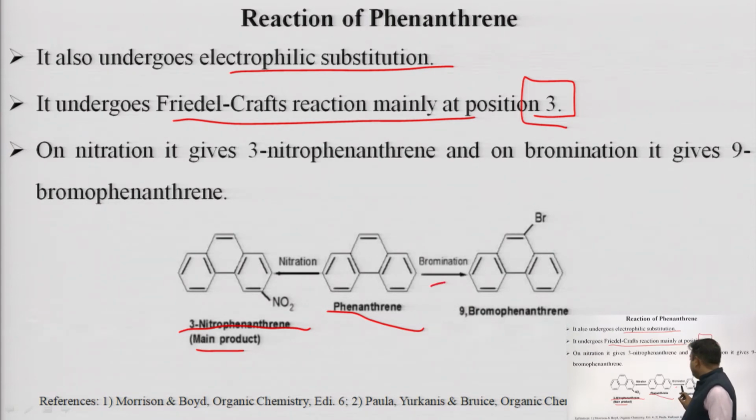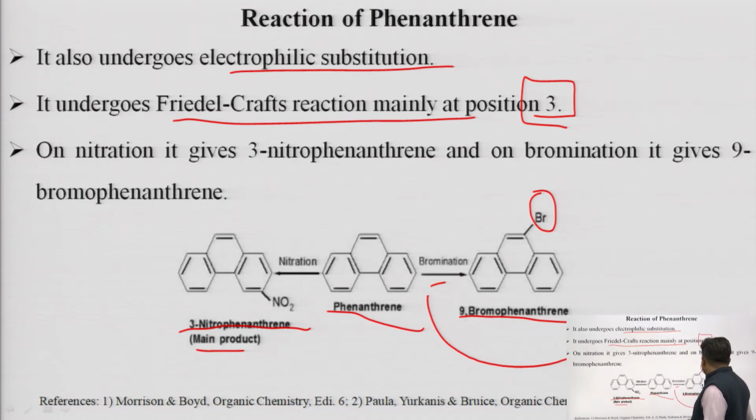On bromination we get a 9-substituted phenanthrene. The mono bromo substituted phenanthrene will be formed, and if we raise the temperature we can also substitute the 10th position, giving dibromophenanthrene as a product.